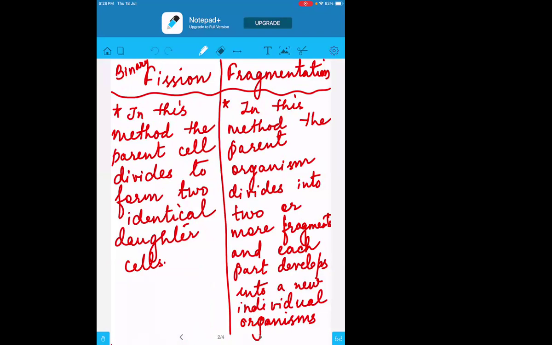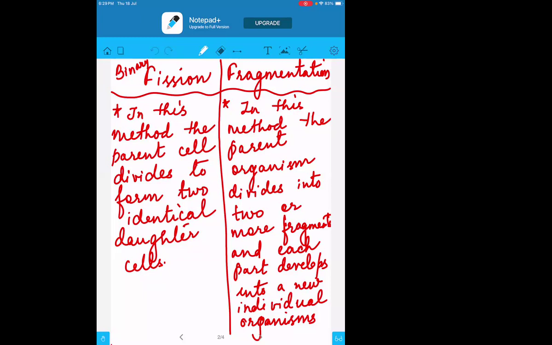In the hydra, you will have the budding also, you will have the regeneration also. Ma'am, but then hydra also reproduces by fragmentation, right? Correct. Yes. So in one individual, more than one process can happen.